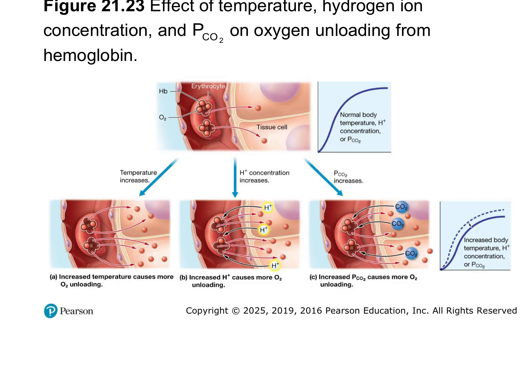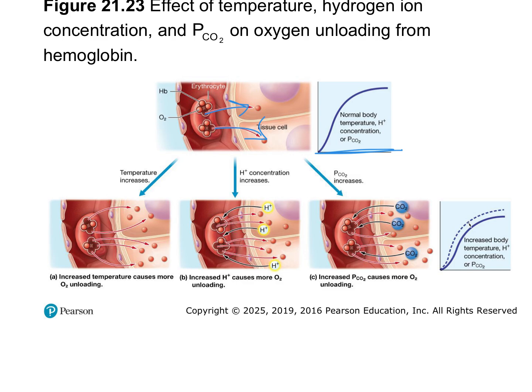So this image is showing that relationship between hemoglobin and temperature, hydrogen ion concentration, and partial pressure of carbon dioxide, and whether we are loading or unloading oxygen. At normal temperature, hydrogen ion concentration, and partial pressure of carbon dioxide, we're going to have some unloading of the oxygen happening.